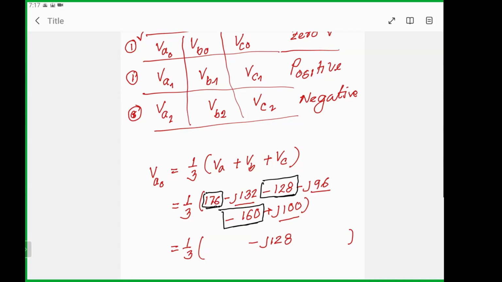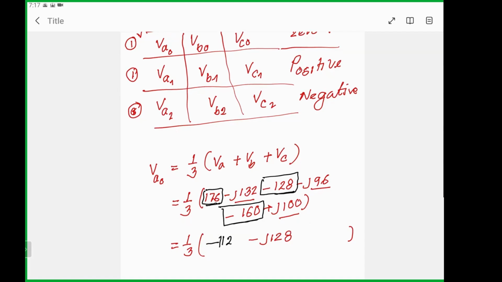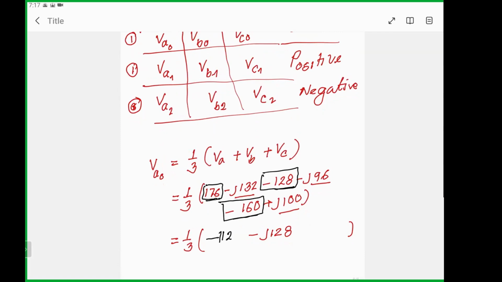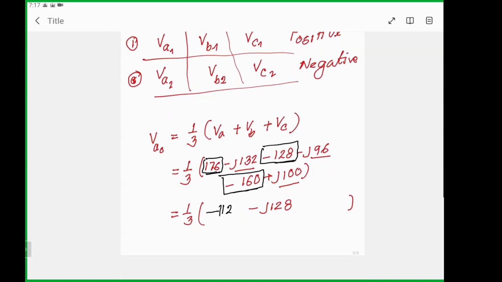So I have 2 minuses, and that gives me minus 112. With the j, it's minus j132 minus j96, which comes to negative j224, and then you've got plus j100. Oh, sorry, no, I take it back, 96. Yeah, you're right. I pressed the wrong button on my calculator. It's always better to check me.